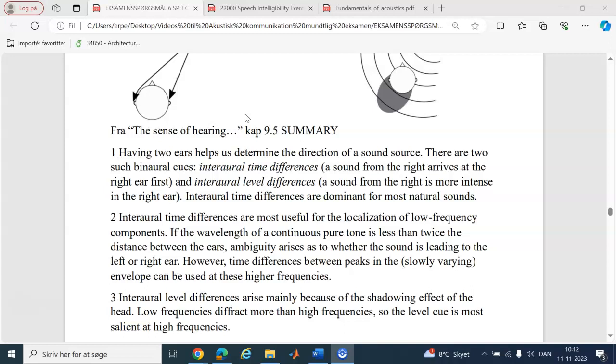If the wavelength of a continuous pure tone is less than twice the distance between the ears, that means the frequency is a little bit too high, and ambiguity arises as to whether the sound is leading to the left or right ear because of phase confusion. However, time differences of peaks in a slowly varying envelope can be used at these higher frequencies.